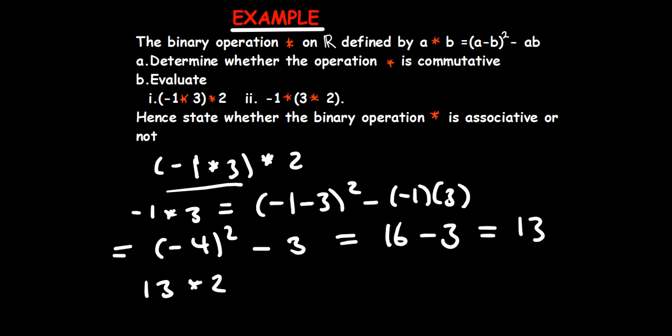Now how am I going to work out that one? My A is 13, and my B is 2. So I'll replace. I have 13 minus 2 squared minus 13 multiplied by 2.